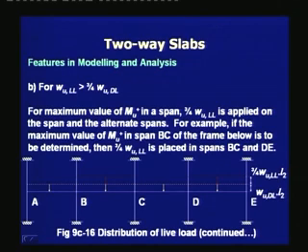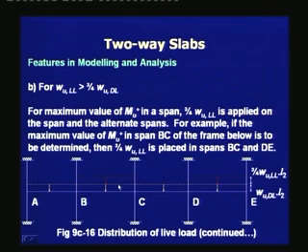If the live load exceeds 3/4 of the dead load, that means the live load is substantially high, then for maximum moment Mu plus in a span, 3/4 of WLL is applied on the span and alternate spans. For example, if the maximum value of Mu plus in span BC of the frame below is to be determined, then 3/4 of WULL is placed in spans BC and DE.